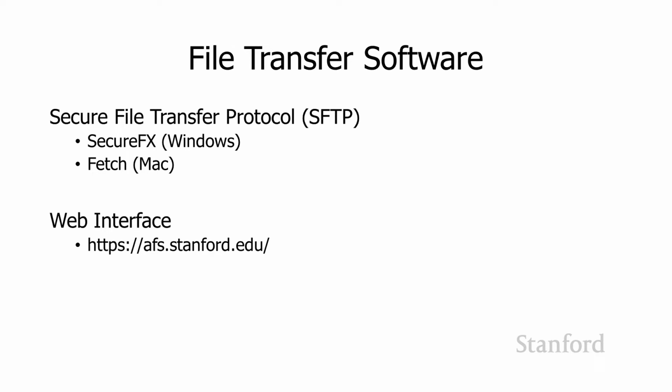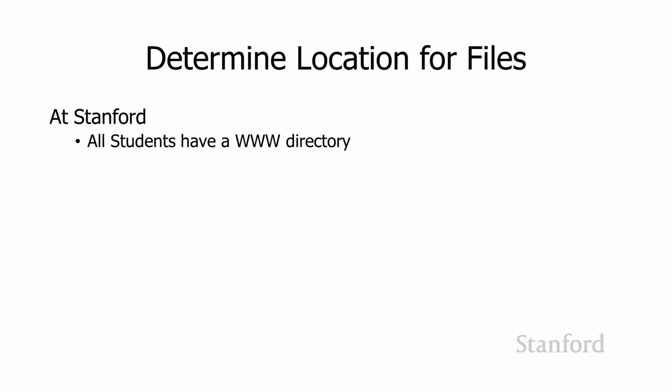But once you understand how SFTP works, you may actually find that using it streamlines your process quite a bit. So if you're just using something simple like the homework files, something simple like afs.stanford.edu would work fine. But if you're working with an actual large website, you're probably going to want to use something a little bit more sophisticated.